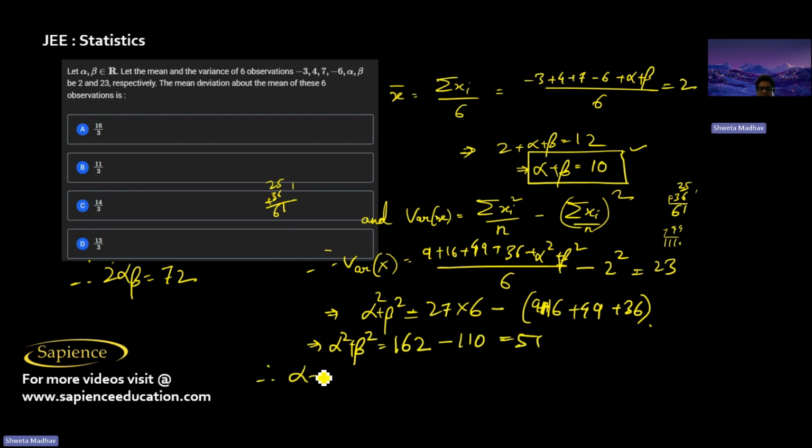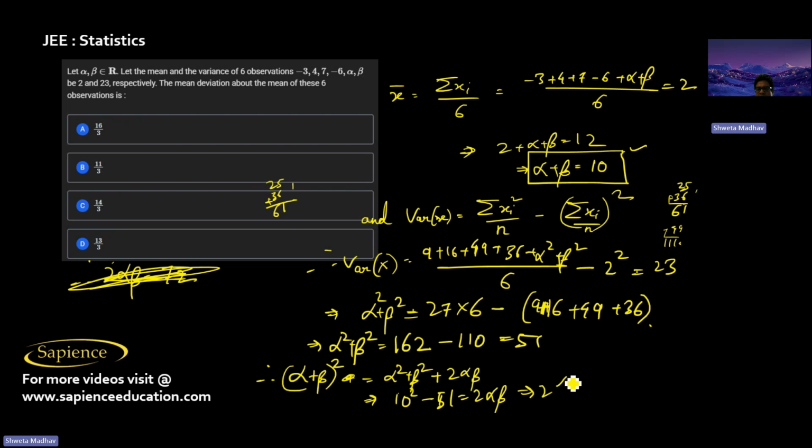Now therefore alpha minus beta whole square will be equal to alpha square plus beta square minus 2 alpha beta, and alpha plus beta whole square is alpha square plus beta square plus 2 alpha beta. So therefore I can say this will be 10 square minus 51, that is equal to 2 alpha beta.